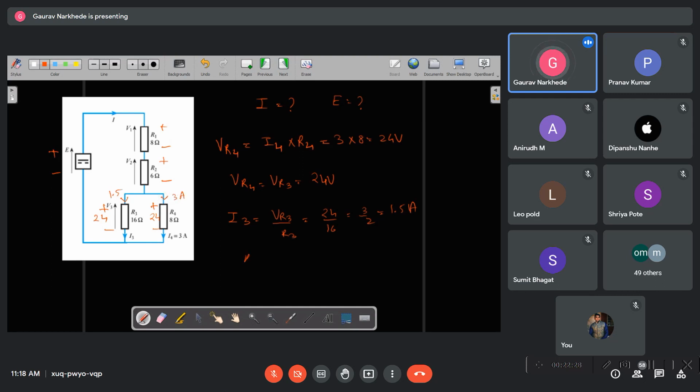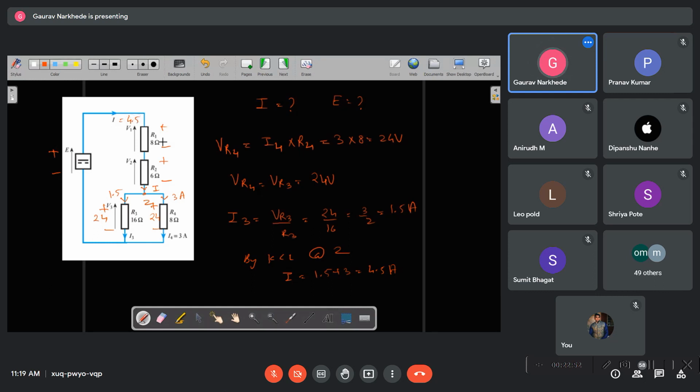So you can apply KCL at node, let us say Z. What current is coming from here? I, right? So I is nothing but 1.5 plus 3, that is 4.5 amperes, correct? So we got the value of I.